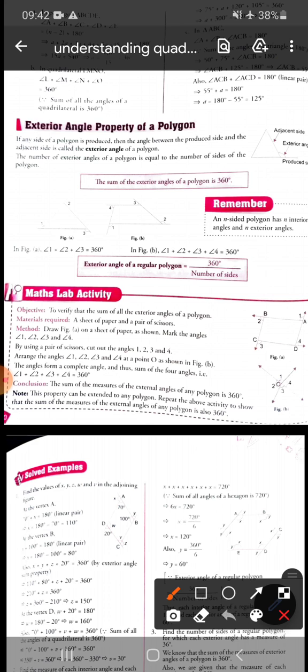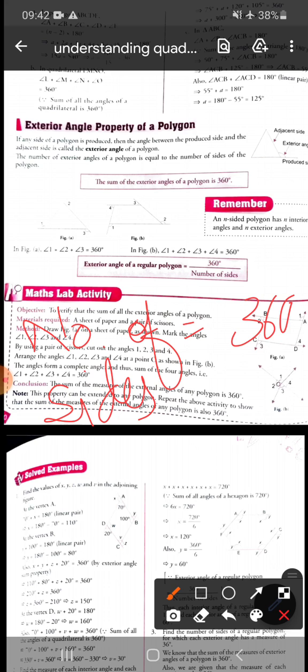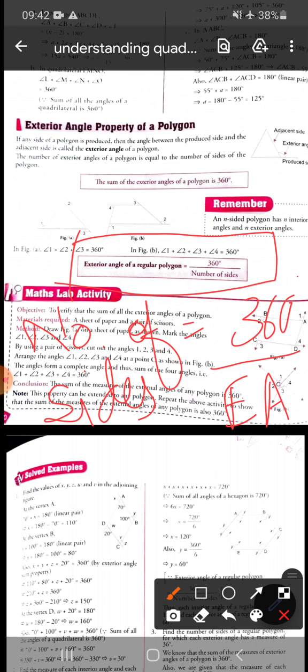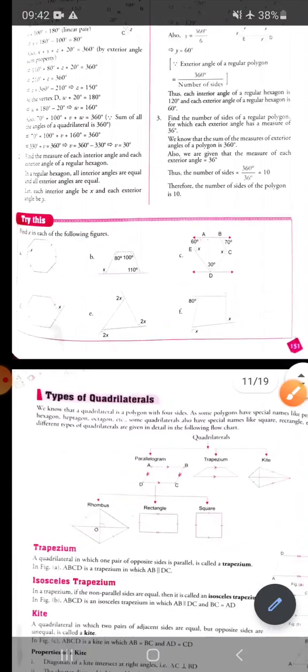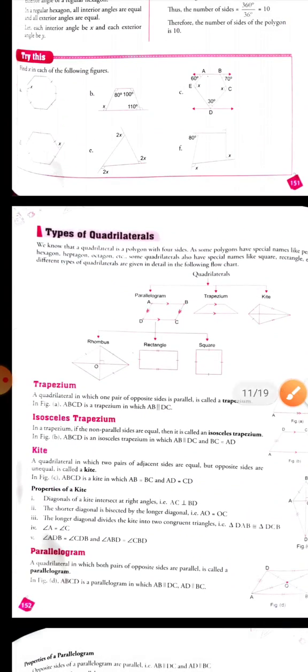Or simply what you can do is write: number of sides will be equal to 360 degrees divided by the exterior angle of a regular polygon. We have just rearranged this formula. So now moving on to the next topic, that is types of quadrilateral.